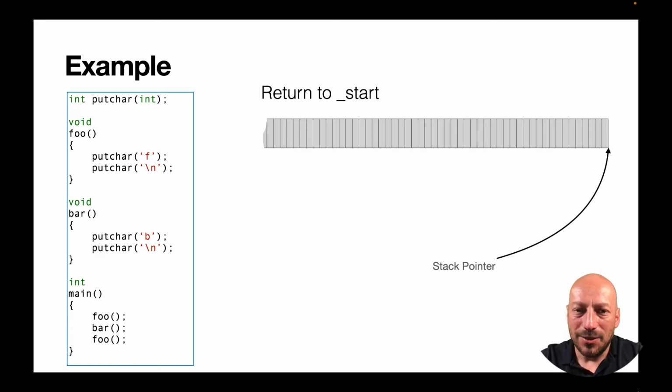Now the return value was not really mentioned here, also not parameters that you pass to a function, and also not local variables. So of course on the stack you store a bit more than just the return address. Now these are actually details that you will deal with in programming this in assembly.